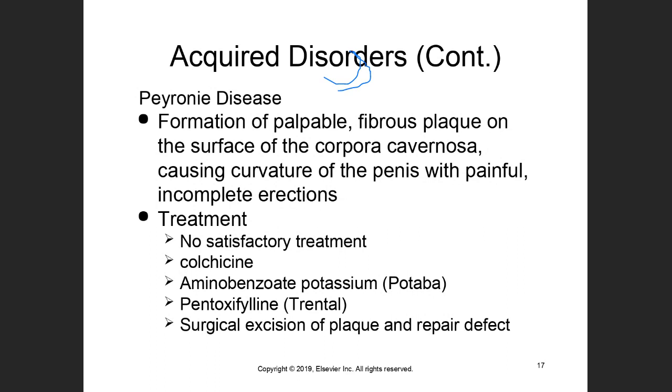Okay, and then right here you have fibrosis, and when you have an erection, that produces a lot of pain. Okay. The treatment: there is no satisfactory treatment. You could use colchicine. You could use some medication, but if that medication fails, you have to do surgery. Okay.